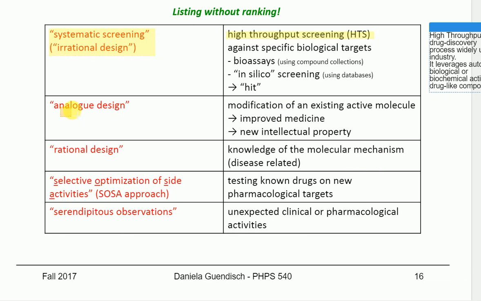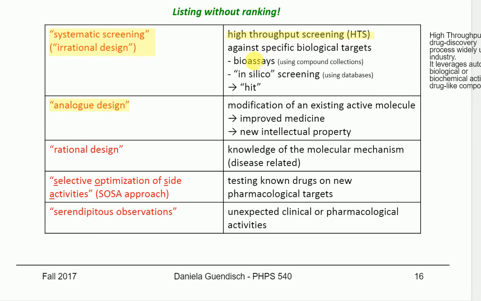I'll be there. Okay. We have analog design right here. HTS, so against specific biological targets. We have, I'm just going to highlight this. Oh no, it's not possible to, never mind.